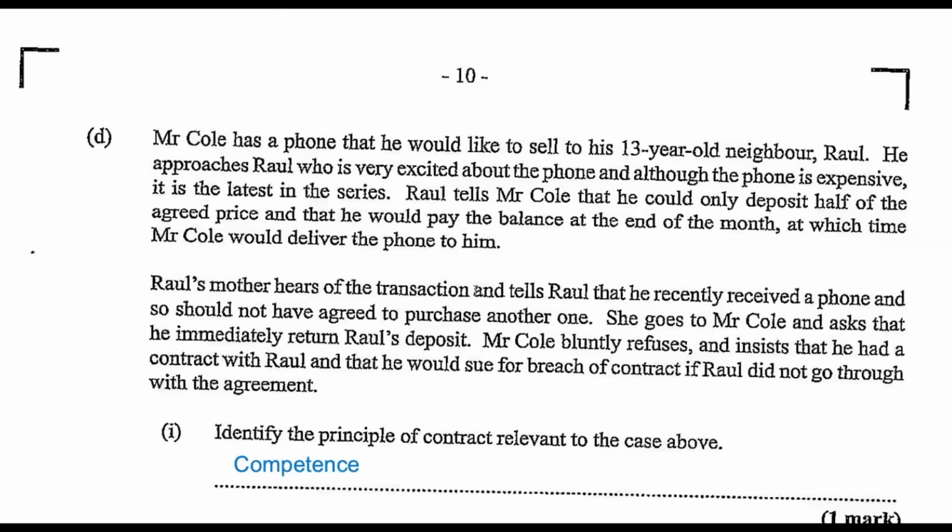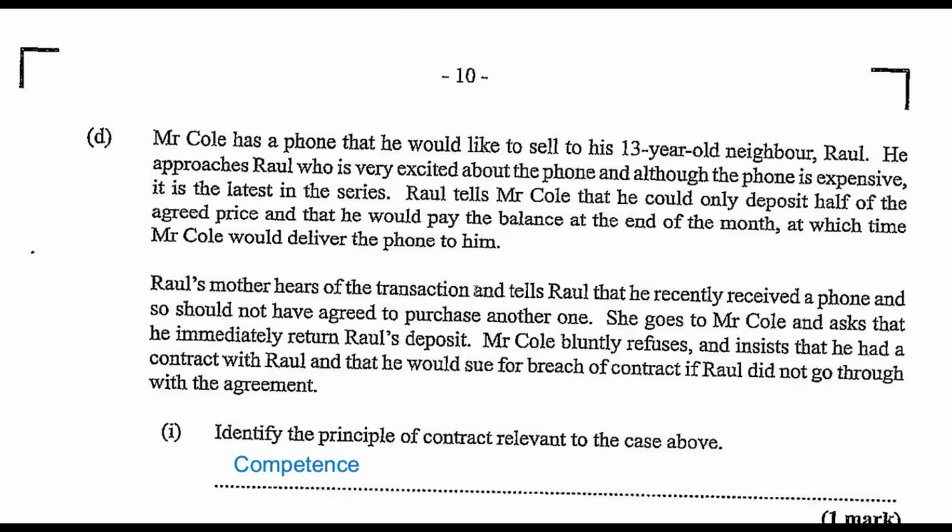Now part D was a lengthy paragraph here which is giving us a contract scenario. So let's have a read. Mr. Cole has a phone that he would like to sell to his 13-year-old neighbor Roll. He approaches Roll, who's very excited about the phone, and although the phone is expensive, it is the latest in the series. Roll tells Mr. Cole that he can only deposit half the agreed price and he would pay the balance at the end of the month, at which time Mr. Cole will deliver the phone to him.